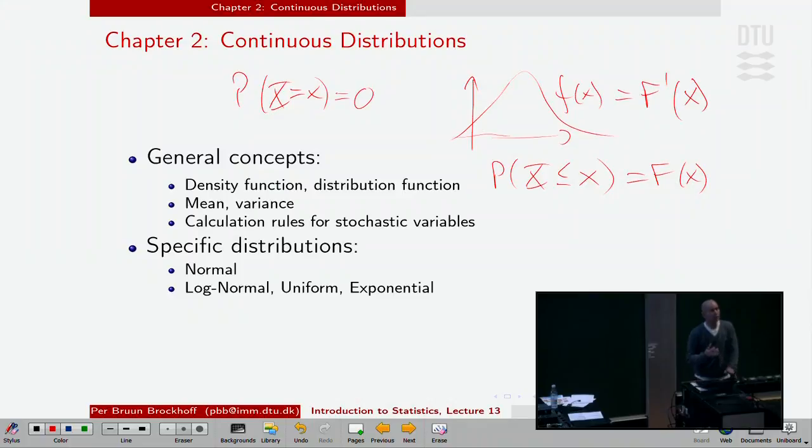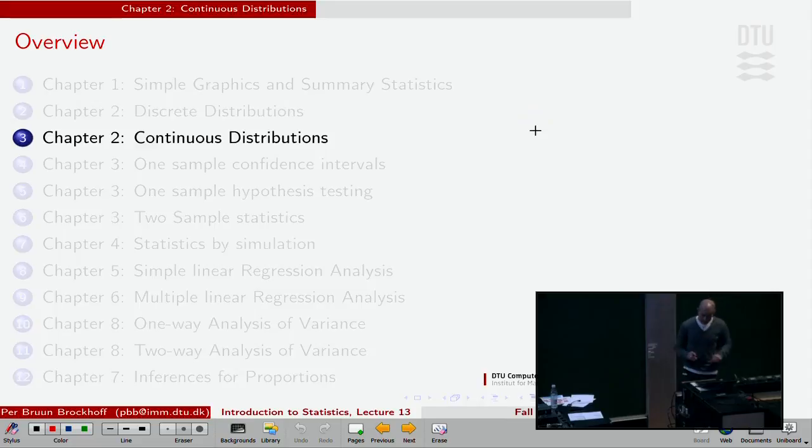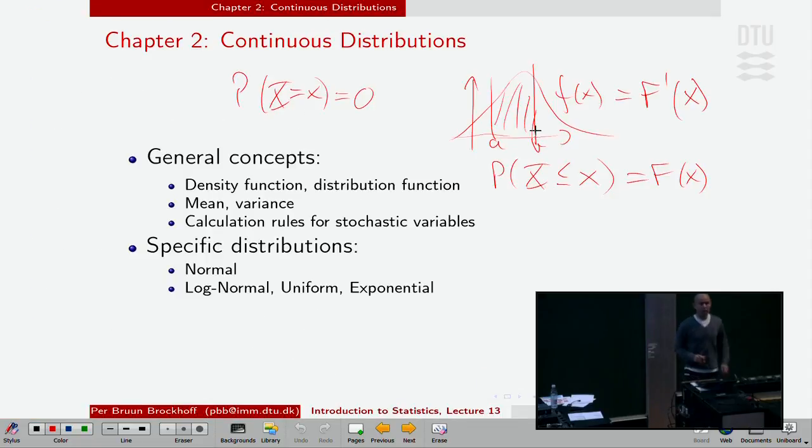The only way we can combine probabilities with the density function is by means of areas under the curve, right? So the density function in the continuous world describes probabilities by looking at areas under the curve.